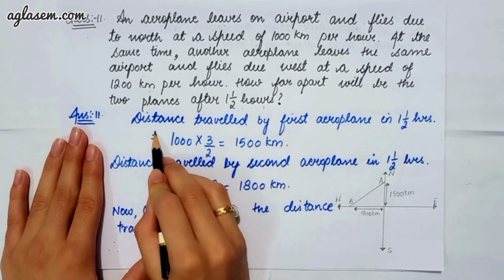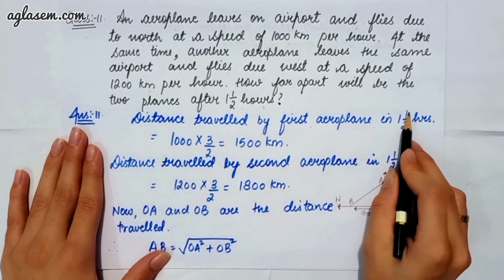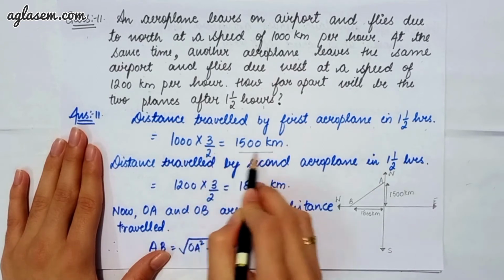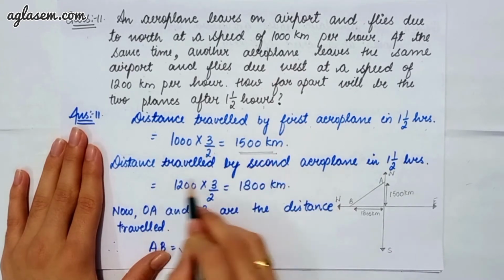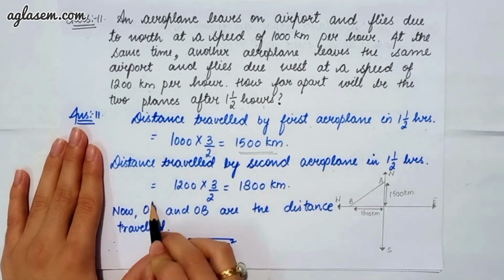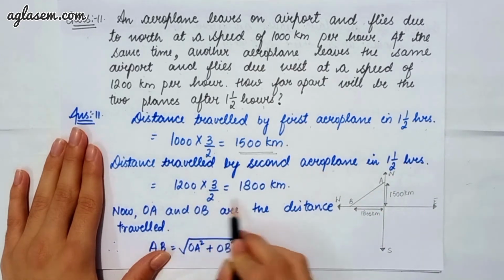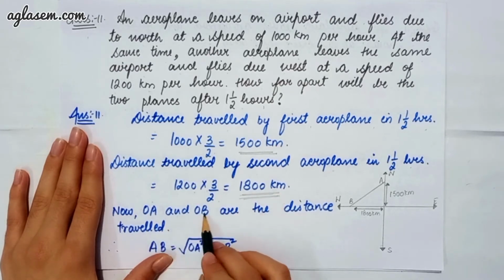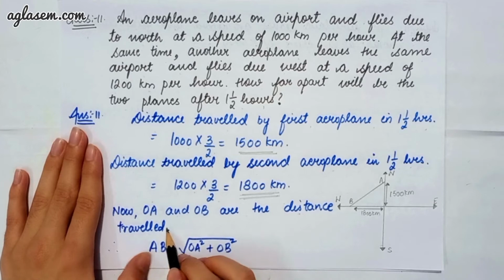So here the distance travelled by the first aeroplane in 1.5 hours is 1000 into 3/2, which will give you 1500 km. And the distance travelled by the second aeroplane in 1.5 hours is equal to 1200 into 3/2, which will give you 1800. So now AO and OB are the distances travelled. Therefore AB is equal to root AO square plus OB square.